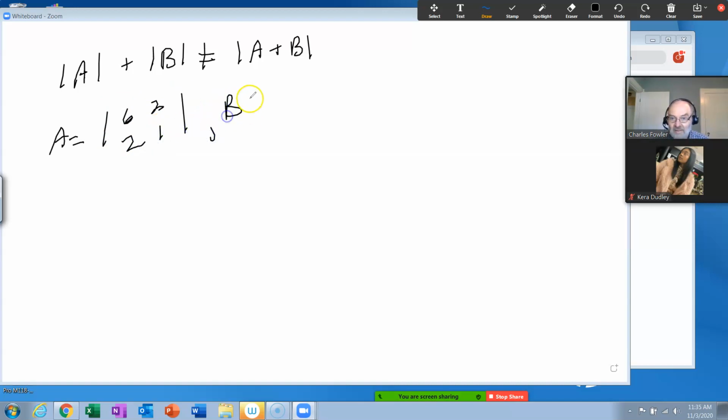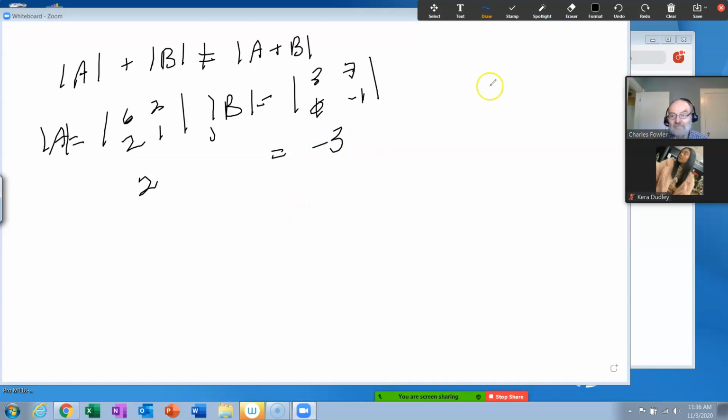Matrix B is 3, 7, 0, negative 1. What's the determinant of A? 6 minus 4 would be 2. The determinant of B would be negative 3.